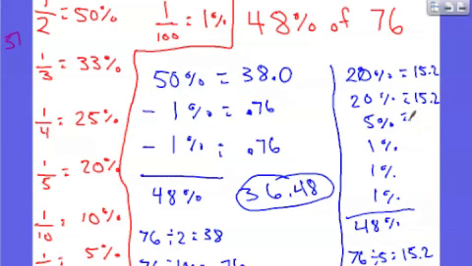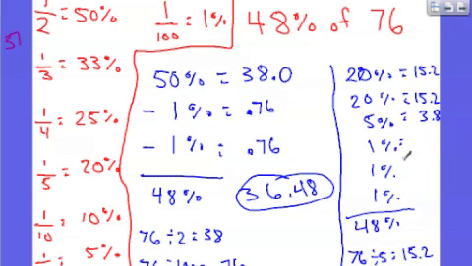Now I need the 5%. 5% is 1/20th, so I need to divide by 20. 76 divided by 20 gives me 3.8. So my 5% was 3.8.